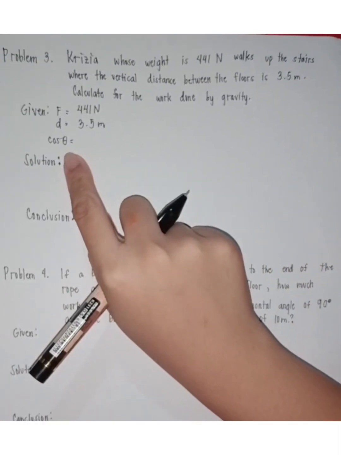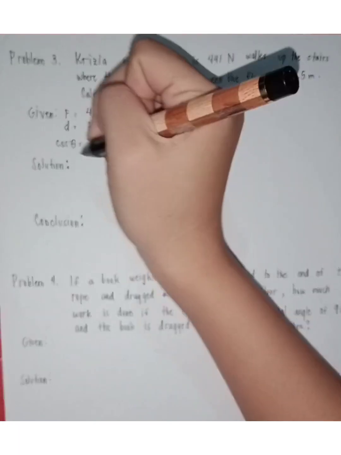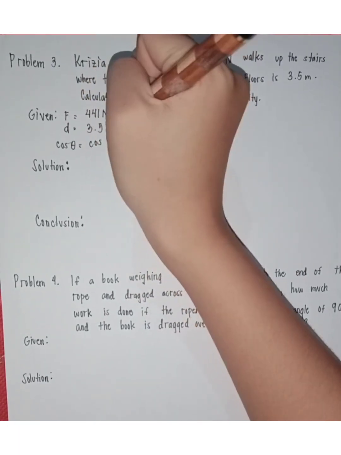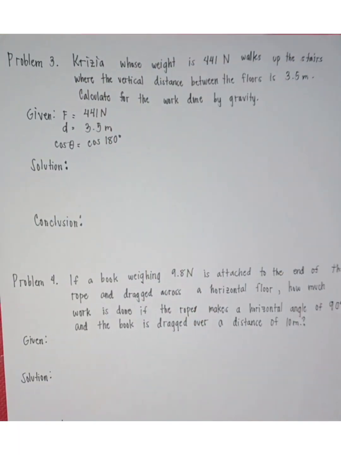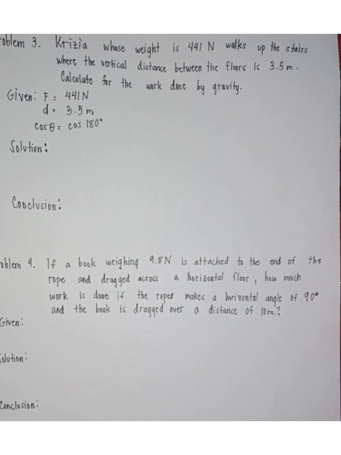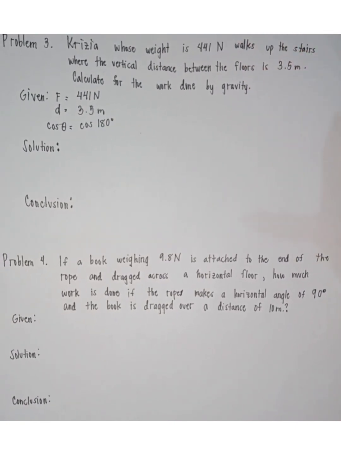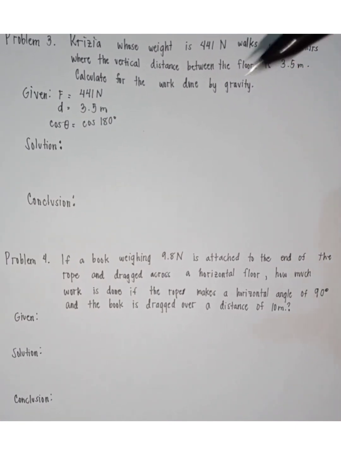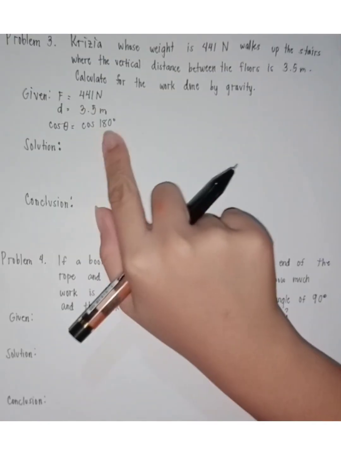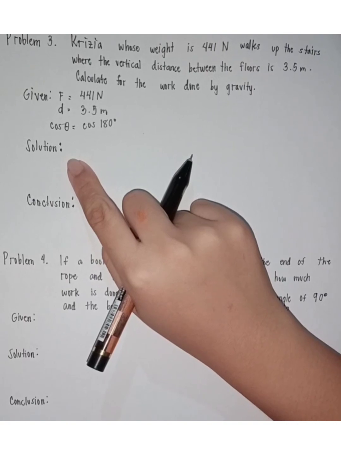The cosine theta we're going to use is cosine 180 degrees. It is because Grisha's direction as she walks up the stairs is directly opposite to the direction of gravity. So it will be cosine 180 degrees.